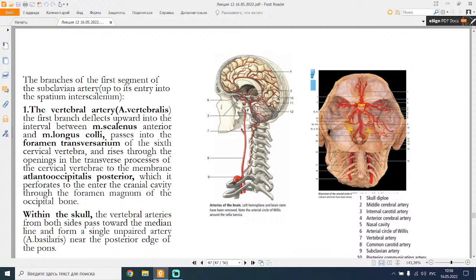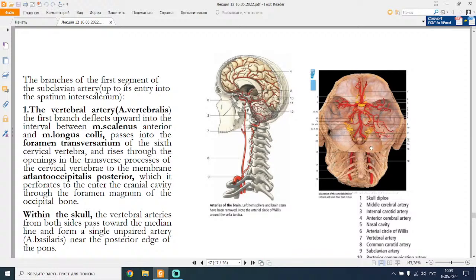The vertebral artery, arteria vertebralis. The first branch reflects upward into the interval between musculus scalenus anterior and musculus longus colli, passes into the foramen transversarium of the 6th cervical vertebra and rises through the openings in the transverse processes of the cervical vertebrae to the membrana atlantooccipitalis posterior, which it perforates to enter the cranial cavity through the foramen magnum of the occipital bone.